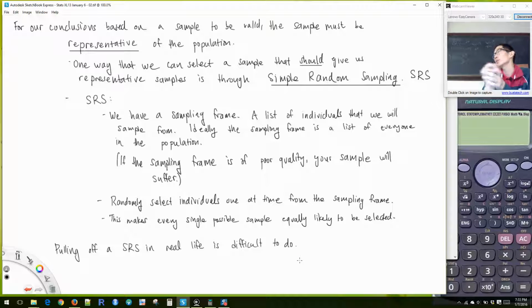But random sampling from names out of a hat is easy, right? If you have 30 names, you can put them on a piece of paper, throw them in a hat, mix it up, and pick them out. Okay, that's easy. Let's say you had mice in a cage, and you wanted to randomly select 5 mice in a cage.